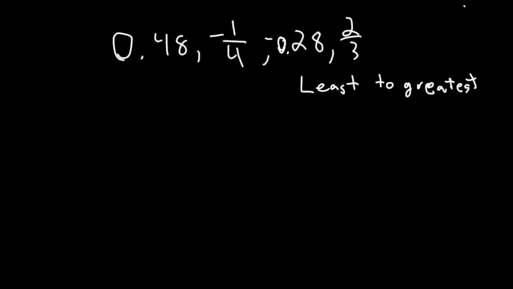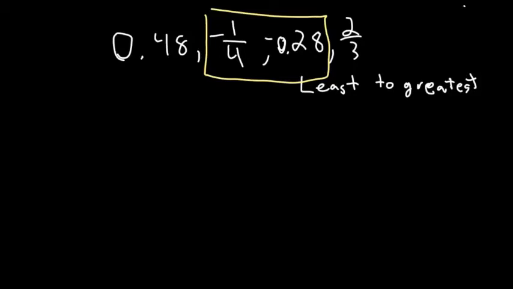Alright, so now I'm going to order numbers from least to greatest. These are rational numbers. So if you look, I have two negatives right there in the middle, and then two positives on either end. So I'm going to order the negatives, because those are going to be the least, first, and then I'm going to order the positives.